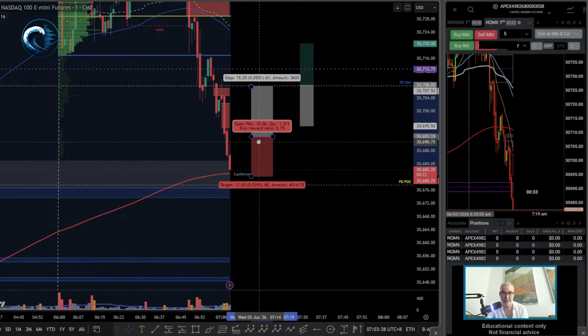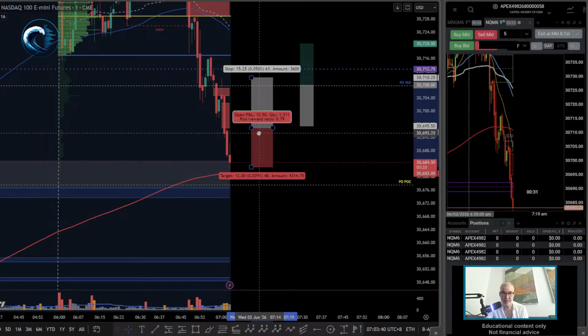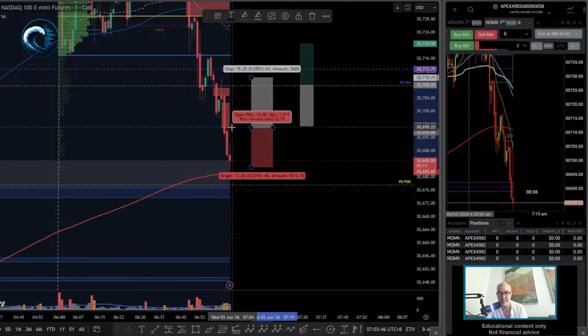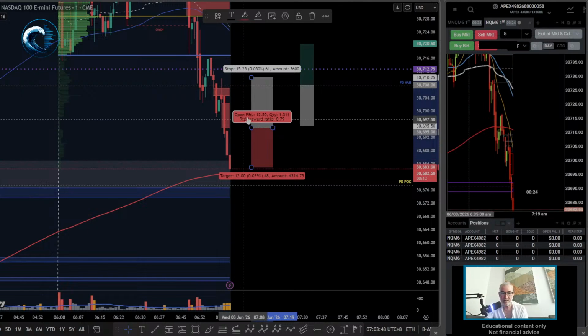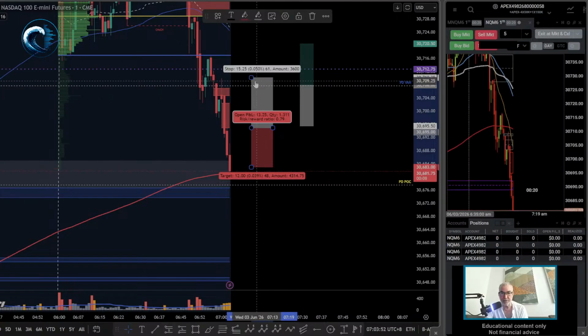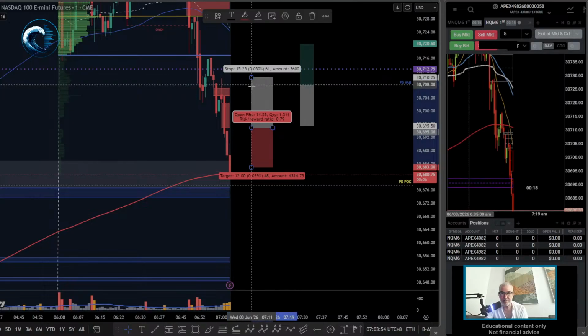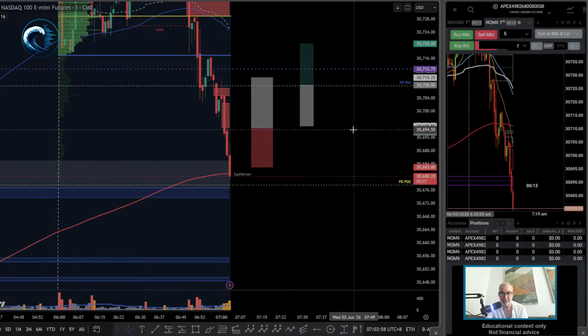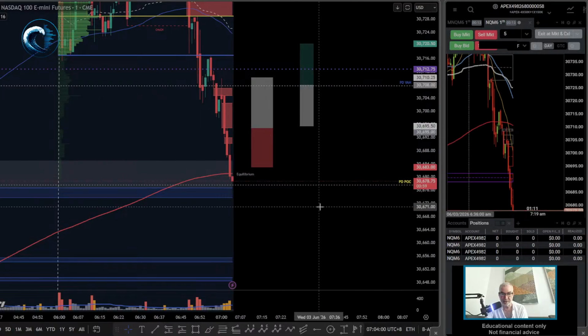So if it did this, I would probably still get in if it comes back and bounces off this fair value gap here, as long as I can set my stop loss up here. I'd be happy with that trade, but it looks like it's going to go straight down anyway.